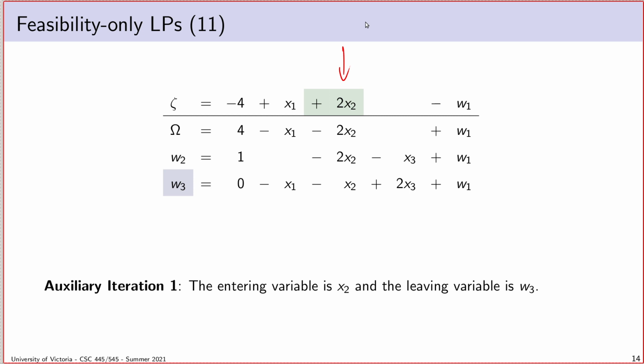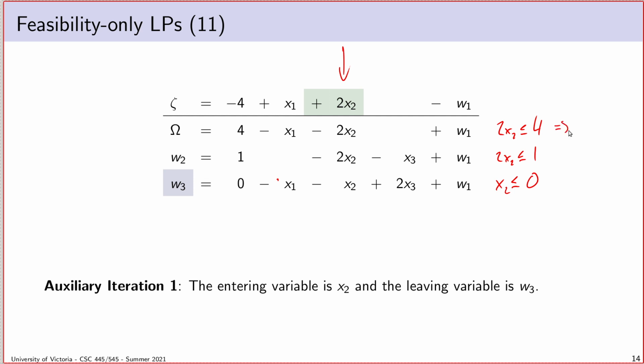If I examine the ratios, the ratios that are imposed here are 2x2 is less than or equal to 4, 2x2 is less than or equal to 1, and here, okay, that's odd. Well, we know how to compute these ratios. I end up with 0 minus x2 has to be greater than or equal to 0, which is really saying that x2 is less than or equal to 0. It's putting an upper bound of 0 on x2.